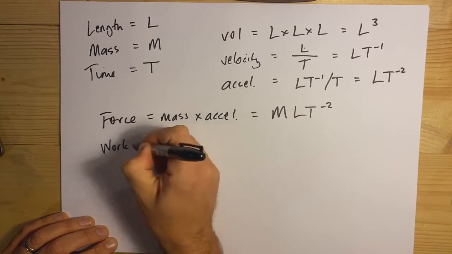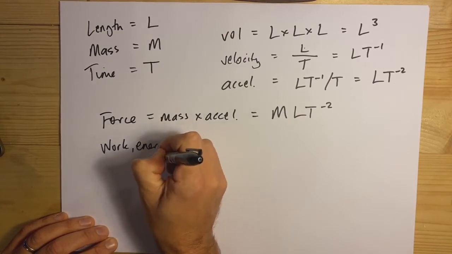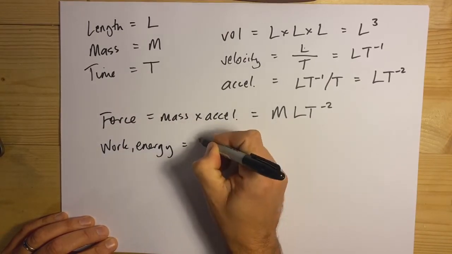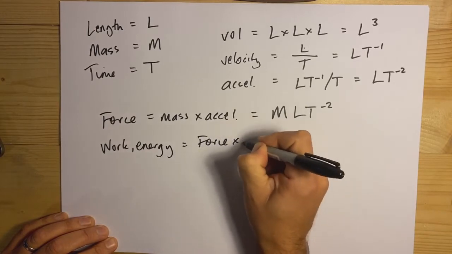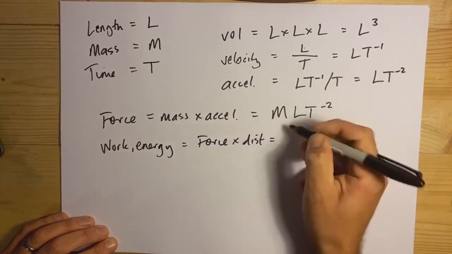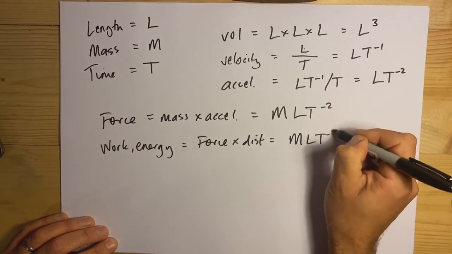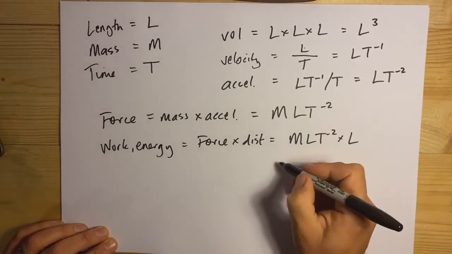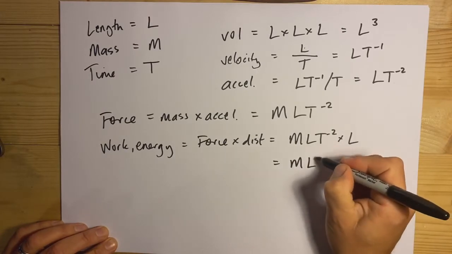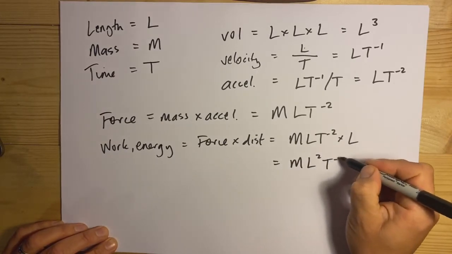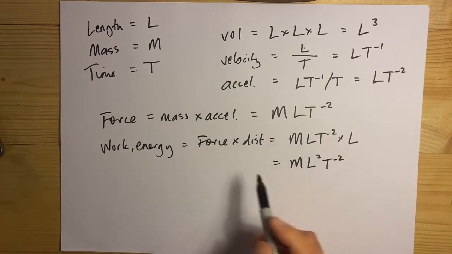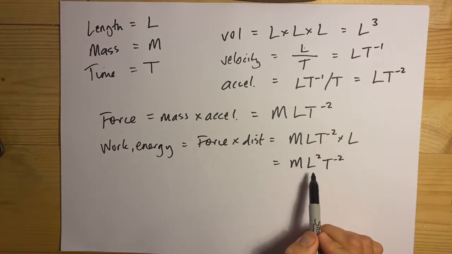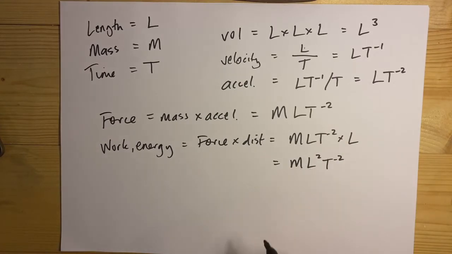Work, or energy, is a force times a distance. Okay, so force is M L T to the minus 2. Distance has dimensions L, length, so we combine that to be M L squared T to the minus 2. So the dimensions of energy are mass, length squared, time to the minus 2.